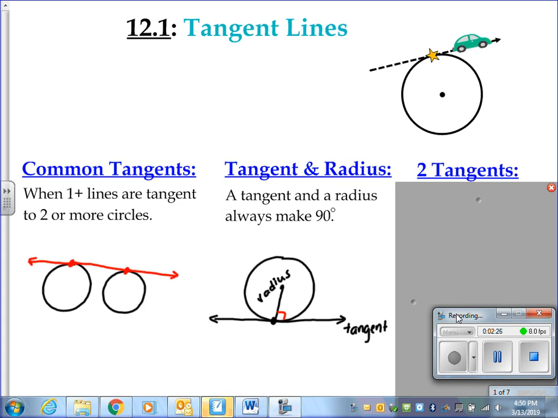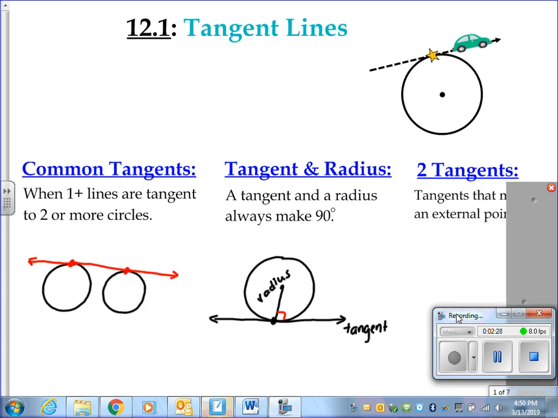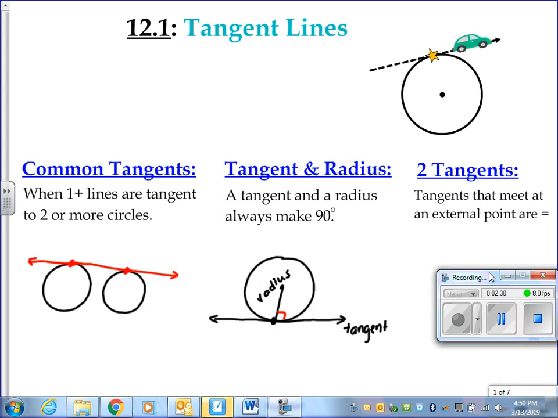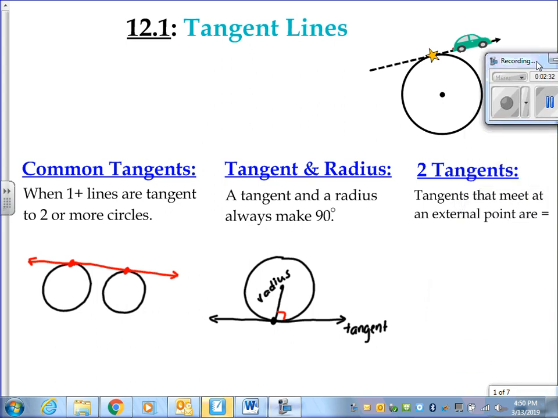Okay, and the last scenario is just two tangents. I'm going to have you write down: tangents that meet at an external point are equal.